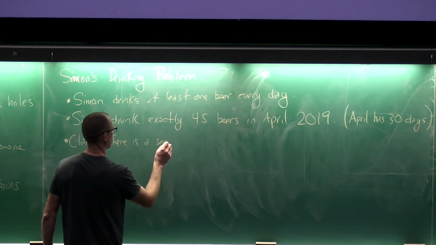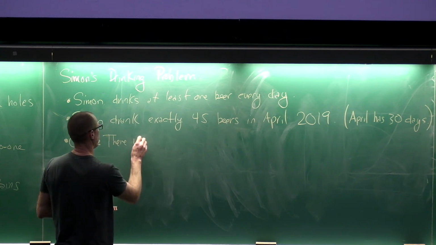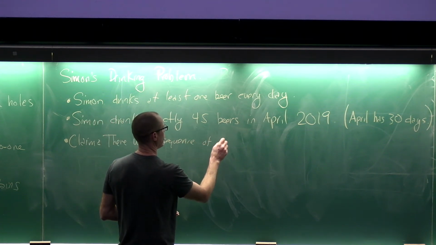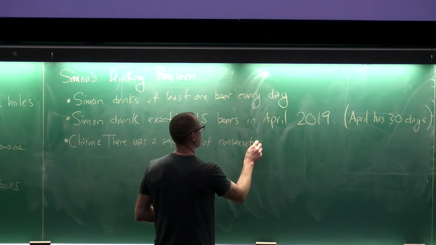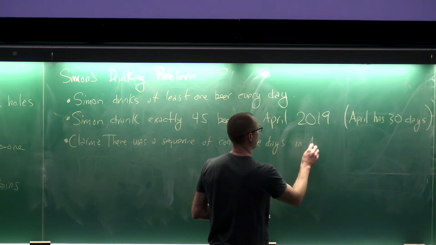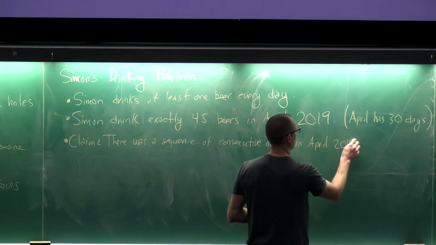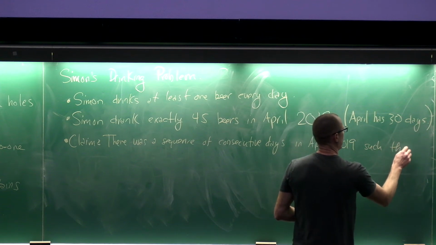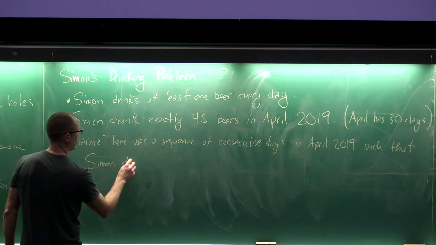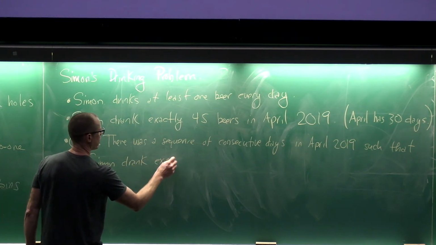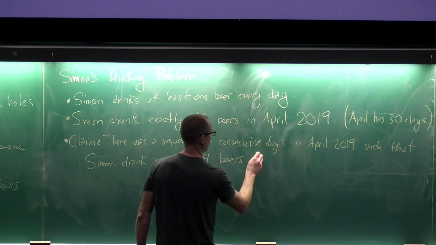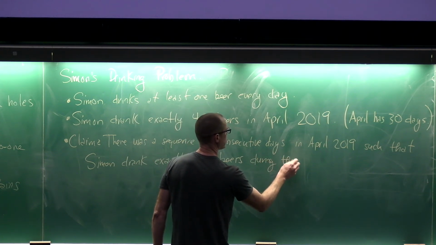There was a sequence of consecutive days in April 2019 such that Simon drank exactly 14 beers during those days.